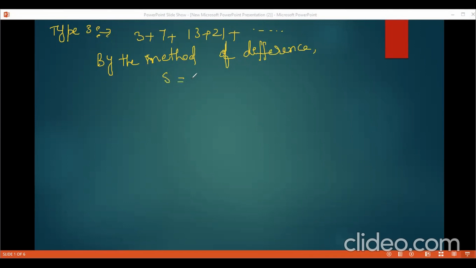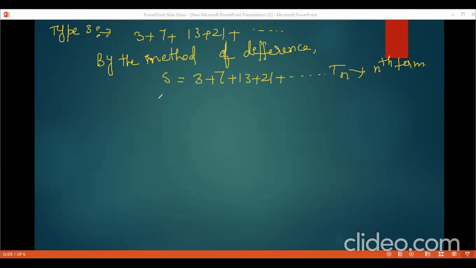Let S is equal to, first write the equation, series, where Tn is the nth term. Plus so on up to Tn. So this is the nth term of the series.